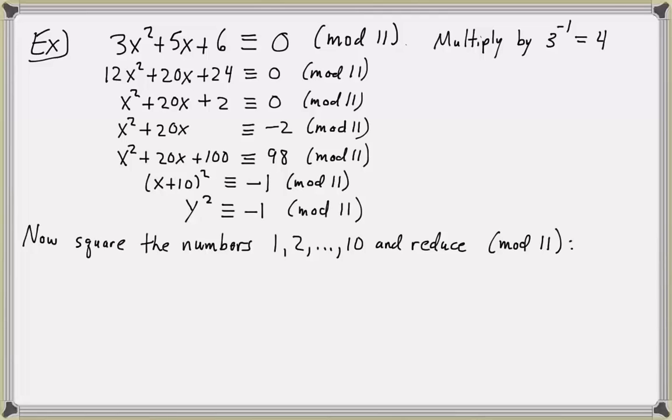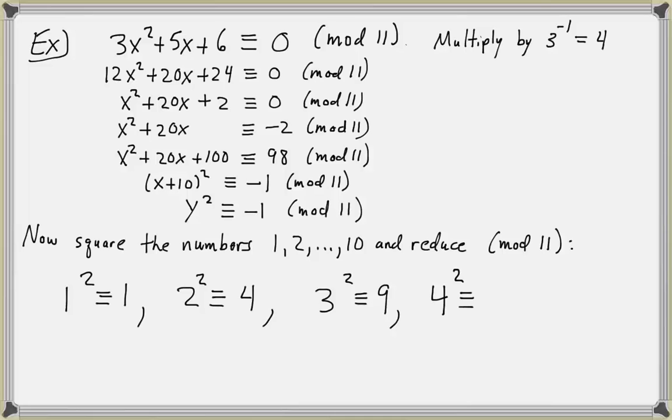Well, 1 squared is congruent to 1. 2 squared is congruent to 4 mod 11. 3 squared is congruent to 9. 4 squared is congruent to 5.